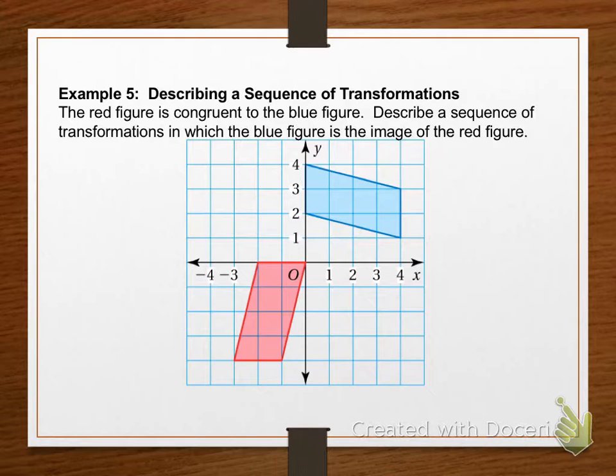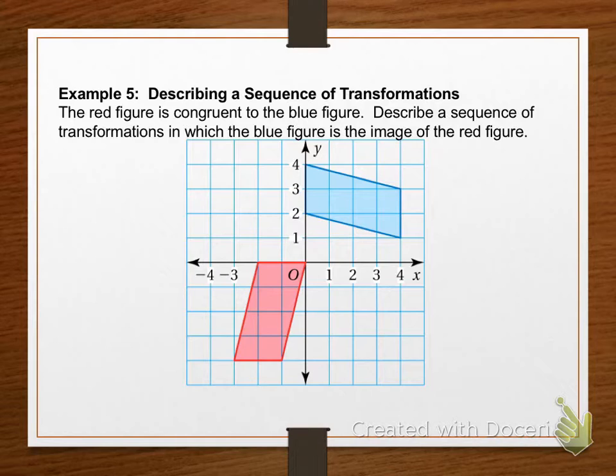What could I do to this red figure in order to move it and make it look like the blue figure? You can turn the red figure 90 degrees so that it has the same orientation as the blue figure. So we begin with a rotation. After rotating, you need to slide the figure up.